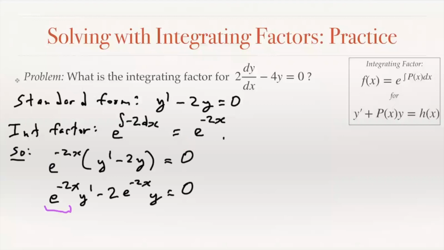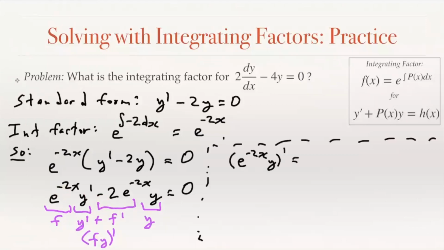And now it is of the form f y prime plus f prime y equals 0. In this case, the f prime is the derivative of e to the -2x, which is -2 times e to the -2x. So that minus sign there is part of the f prime. It's plus minus that. So we have that. We integrate both sides.